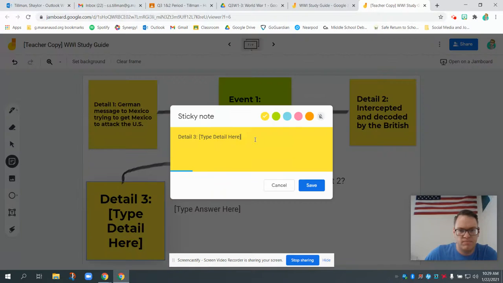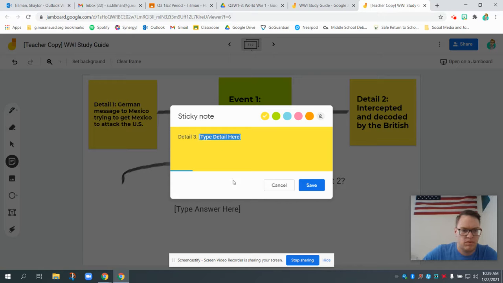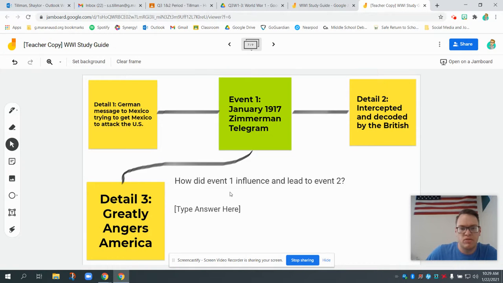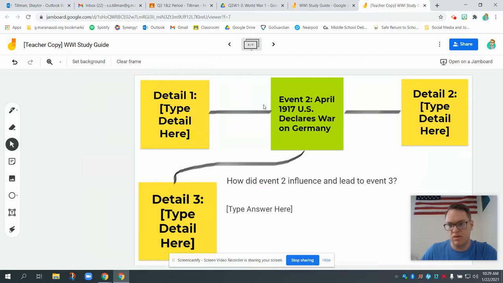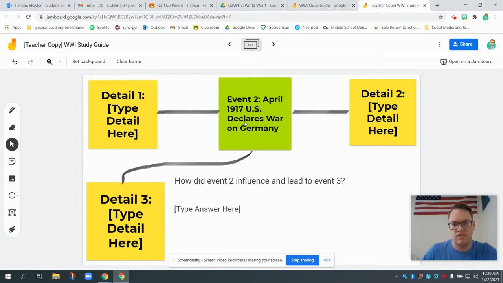Third detail is that it will greatly anger America because this would make them mad. And then our question is, how does event one influence and lead to event two? We know what event two is because we already picked it. Event two is that the U.S. declares war on Germany.